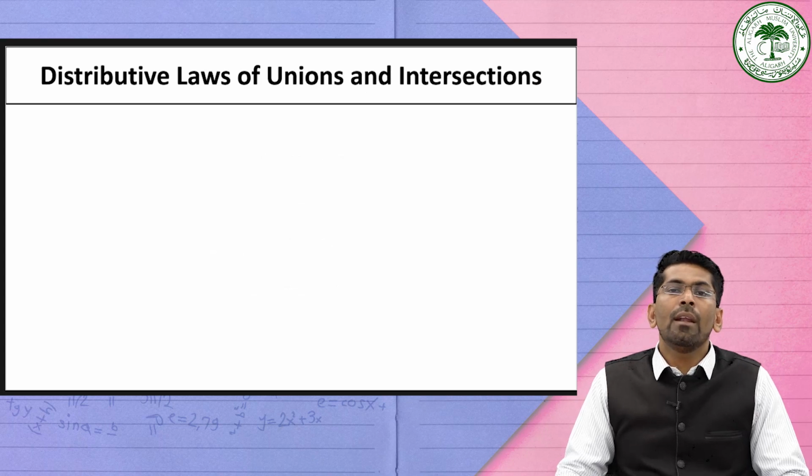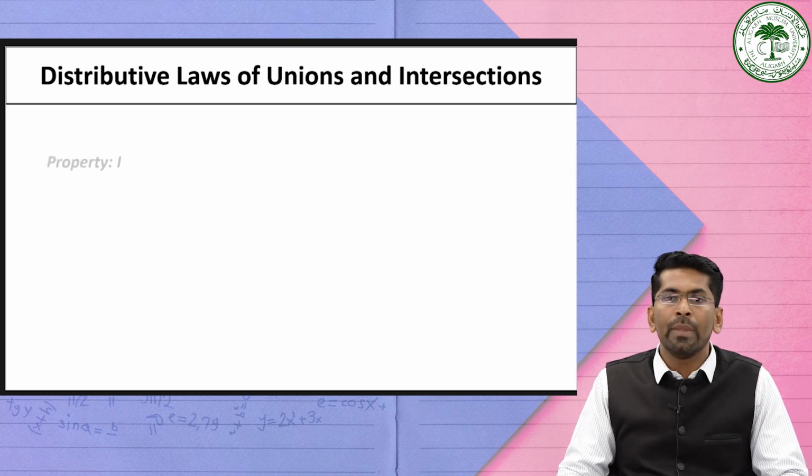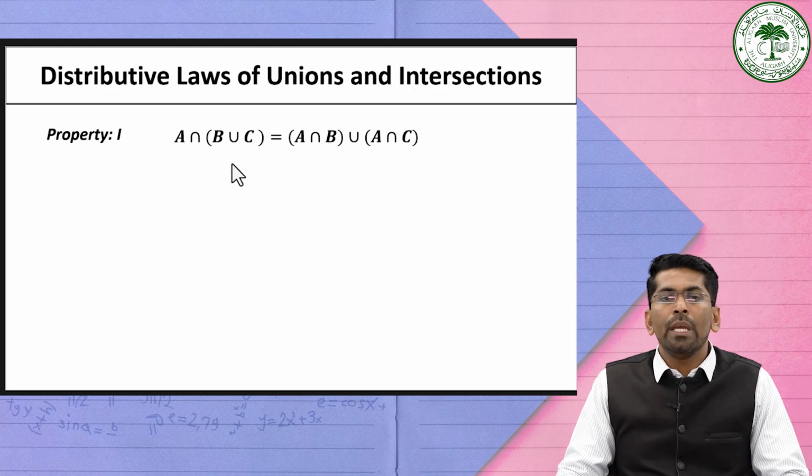Now we have another law, that is the distributive law of union and intersection. There are two properties associated with it. The first property is A intersection (B union C), which is equal to (A intersection B) union (A intersection C).